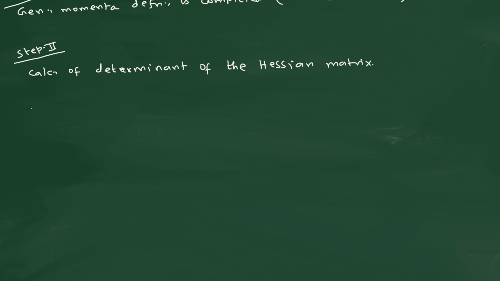So therefore, I'll write down now, what is the Hessian matrix actually? The Hessian matrix is a square matrix. It is basically a second order derivative. You will have to perform two derivatives on the Lagrangian. So I'll write down ∂²L.